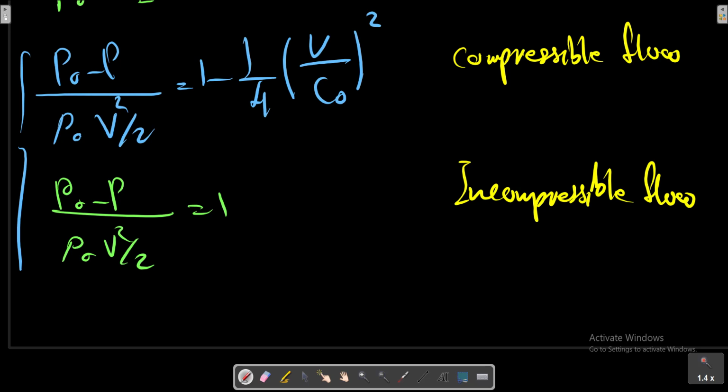Therefore, the second term on the right-hand side of this equation represents the error involved if incompressible flow is assumed.